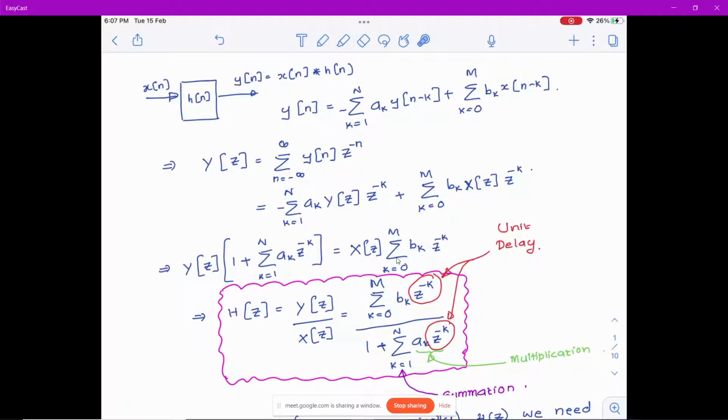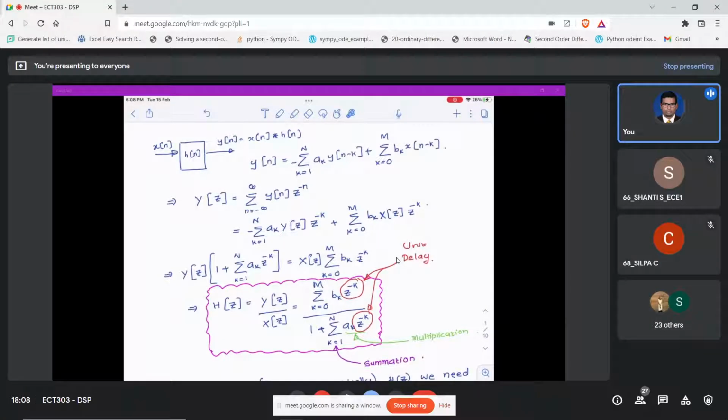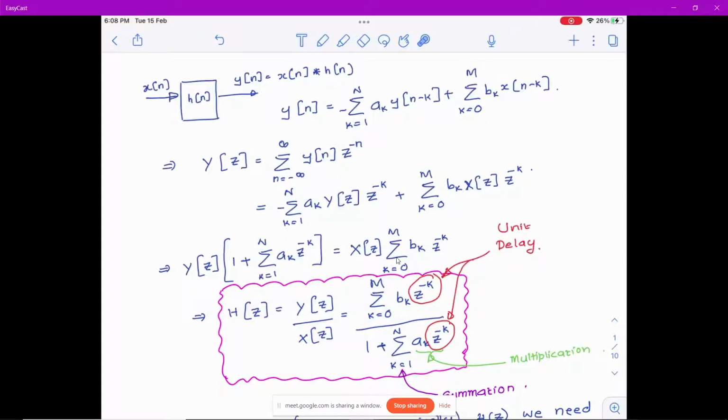Or in general, your digital transfer function h of z is equal to y of z divided by x of z. That is equal to sigma k equal to 0 to m bk z raised to minus k divided by 1 plus sigma k equal to 1 to n ak z raised to minus k. This is the general equation of h of z.